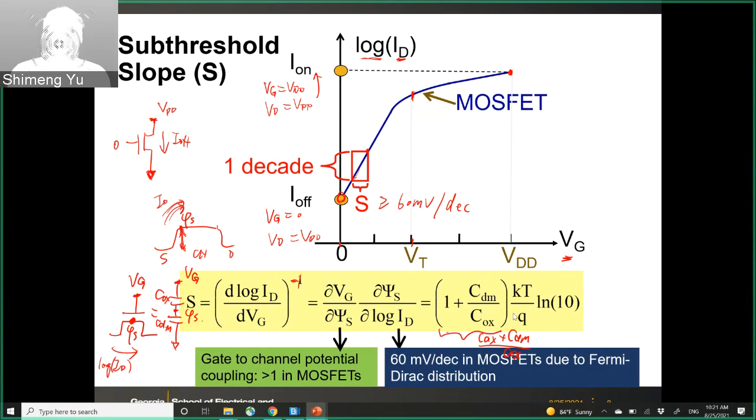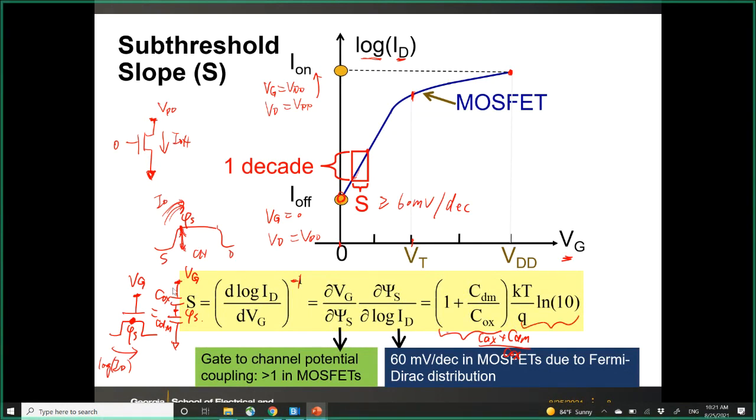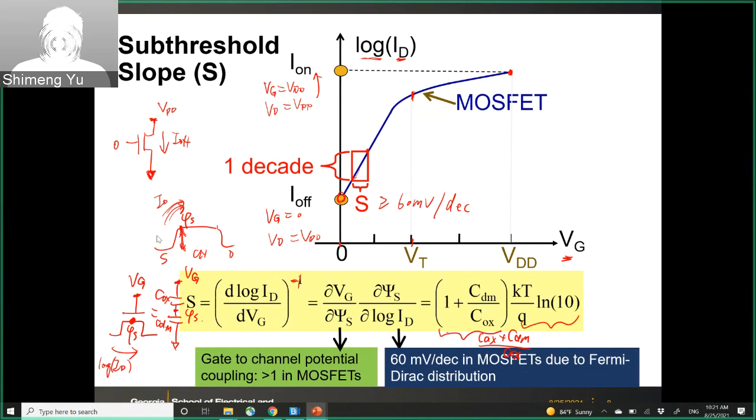And then the second term here is due to the physics. This is due to the Boltzmann distribution of the carriers, the electrons, in the source region. So most of the electrons will stay in the valley here, then exponentially fewer electrons will have the higher energy to jump over.